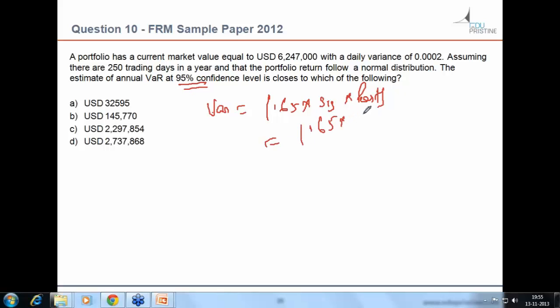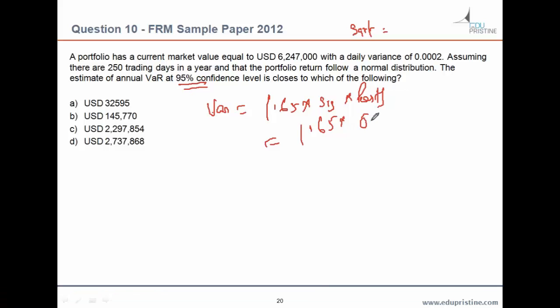Sigma is the daily variance, so we take the square root of 0.0002, and that comes to 0.01414, into the portfolio value.